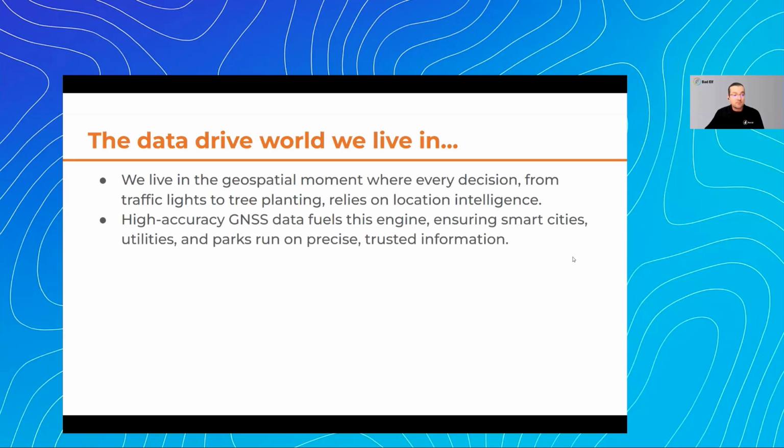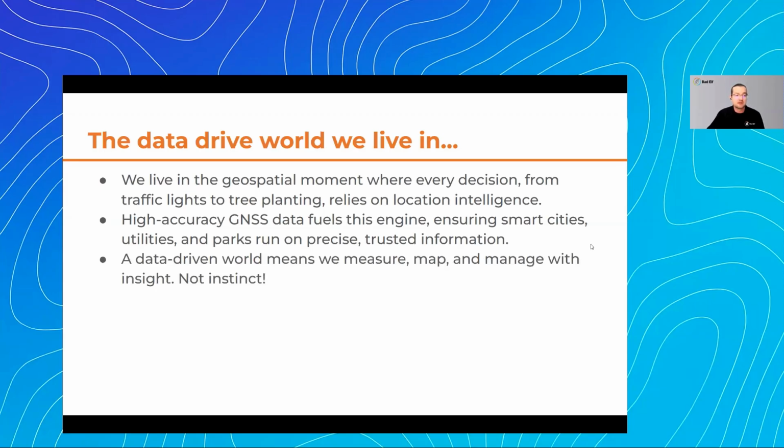organization. Building on that, high accuracy GNSS data or field data fuels this engine. It's the backbone. It's the cornerstone of all of this databases of data, right? It ensures smart cities, utilities, and parks run on precise, trusted information. A data-driven world means we measure, map, and manage with insight, not instinct, right?